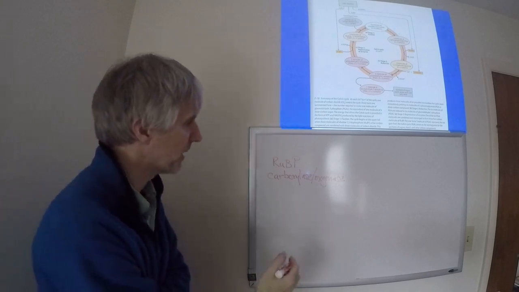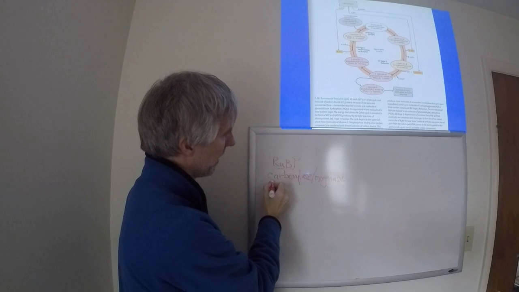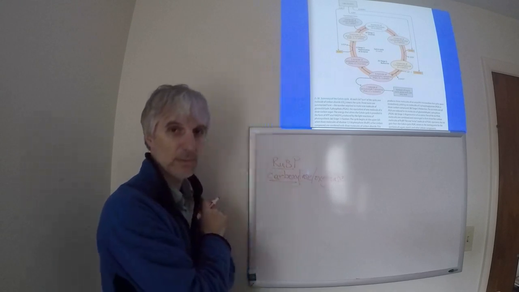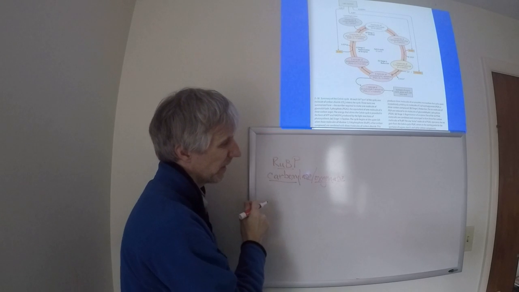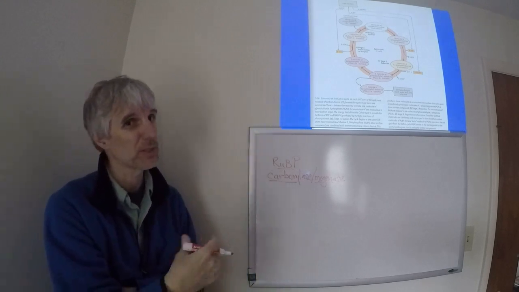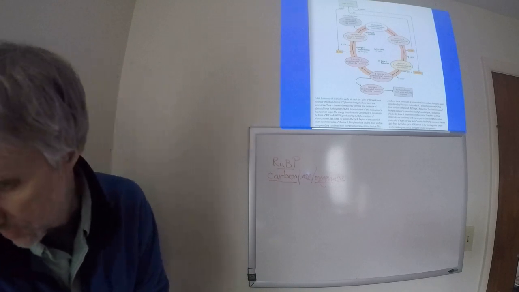And that problem is it can pick up a carbon, we would call that carbon fixation, or it can pick up an oxygen, in which case that's not carbon fixation. We have another name for this.